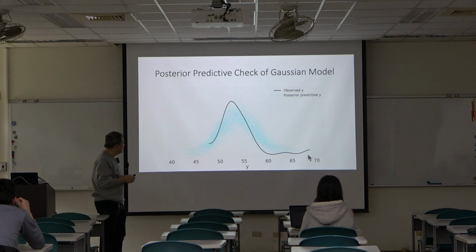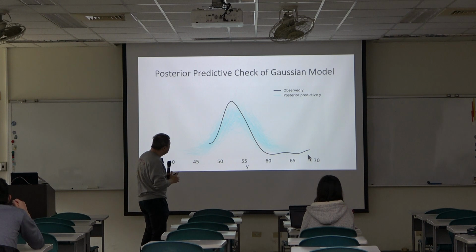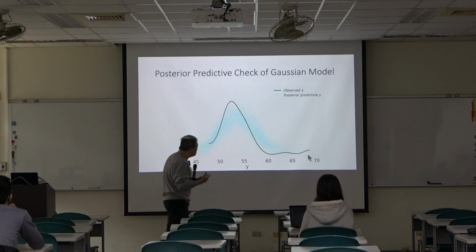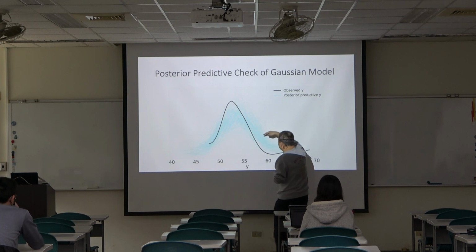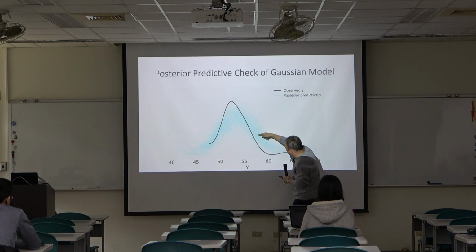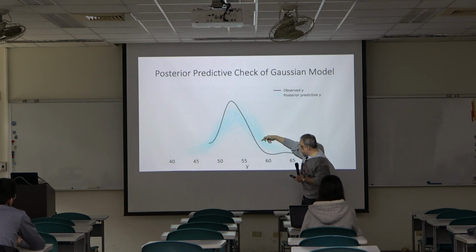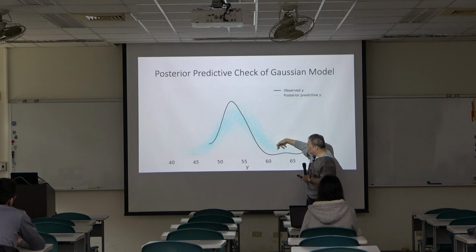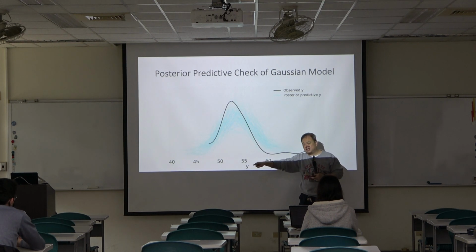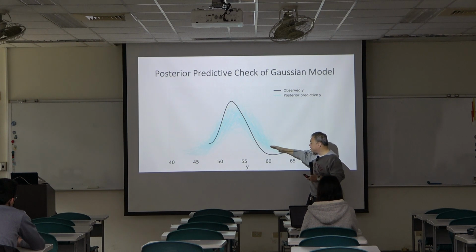You can see this from the fact that most of the lines are much wider here. You cannot observe it from the top, but you can observe it from here. The generated lines are much wider.